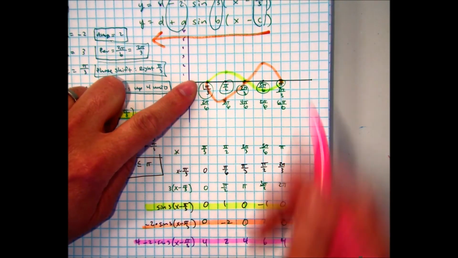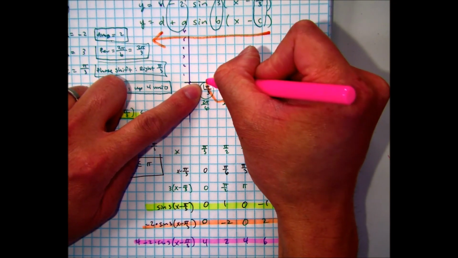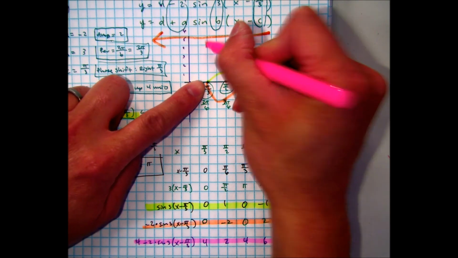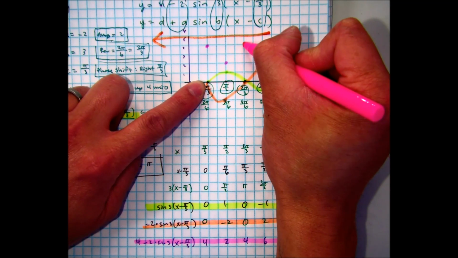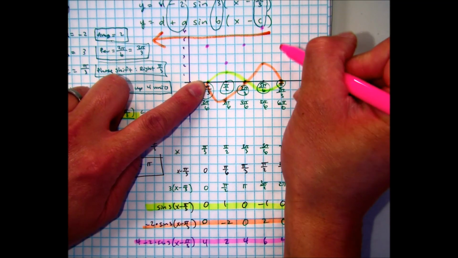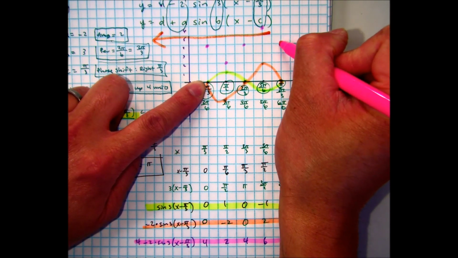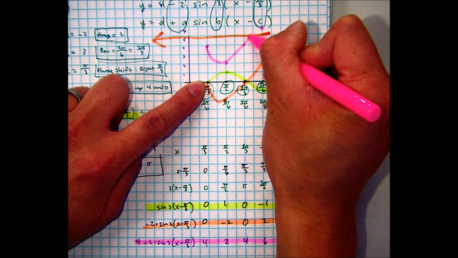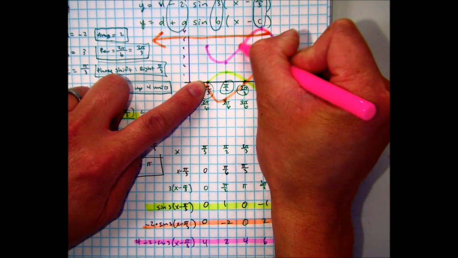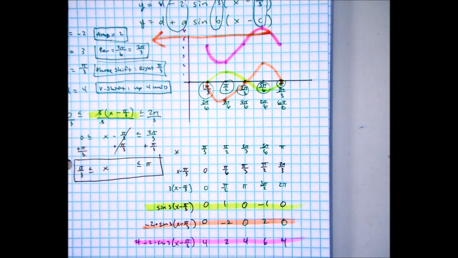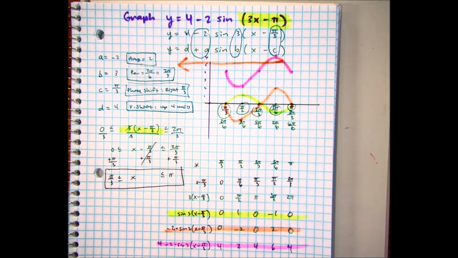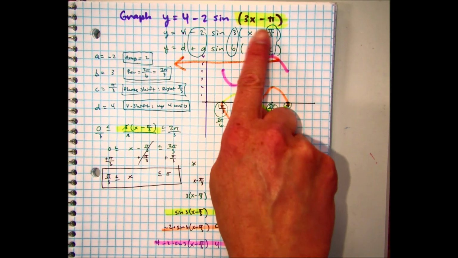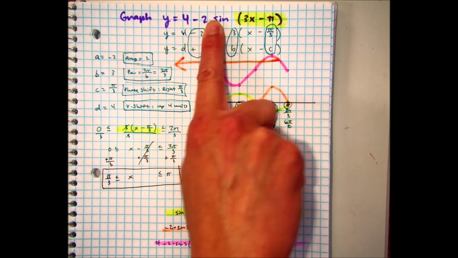And then the vertical shift of 4, so you're just going up 4 units. The graph I want is in pink. So in this problem we graphed a bunch of different things: horizontal shift, vertical shift, amplitude with the negative.